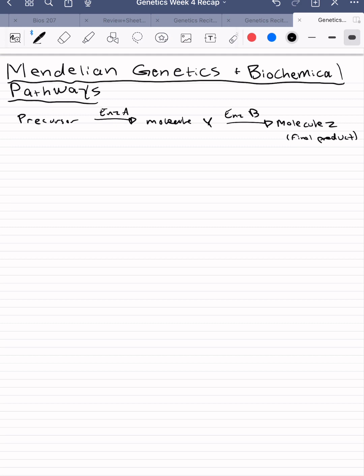Now we can combine this with the Mendelian genetics. So let's say, for example, we have a pathway for producing pigment. All right, so we have an individual that starts off as white. It's converted by an enzyme.